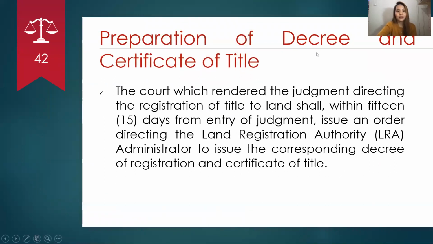As discussed by Mr. Bautista, after the issuance of a decree of registration by the Land Registration Authority or the LRA, the next step is to send the copy of that decree to the Registry of Deeds, which the RD shall then cause the transcription of the certificate of title in the registration book and issue the owner's duplicate copy of the original certificate of title to the applicant upon payment of the prescribed fees.